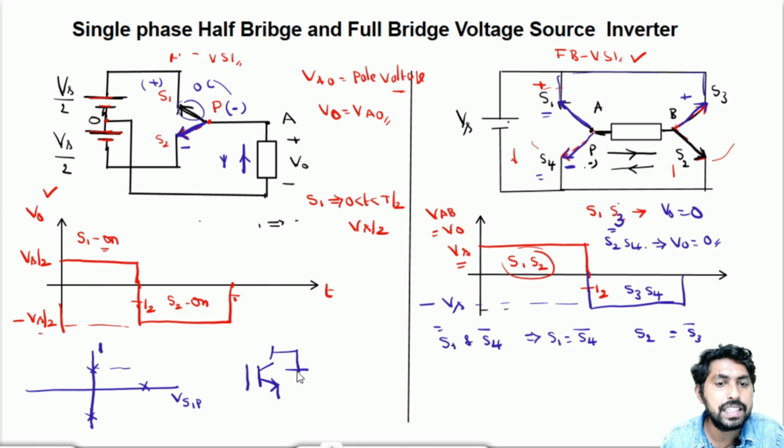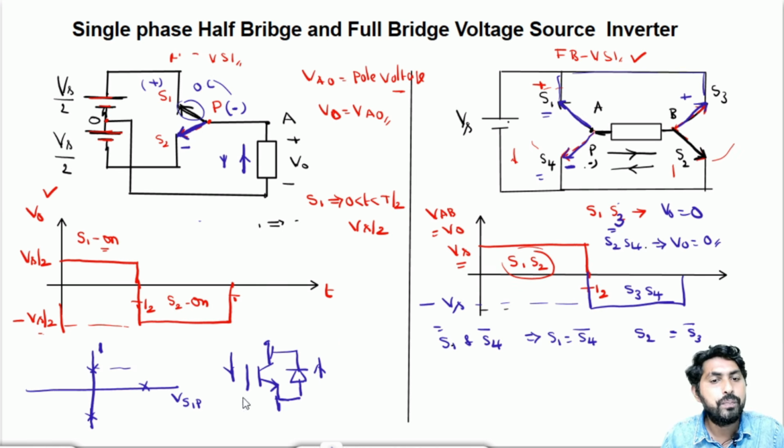We know that an IGBT can block the positive voltage. With an anti-parallel diode, the IGBT conducts in one direction and the diode conducts in the opposite direction.